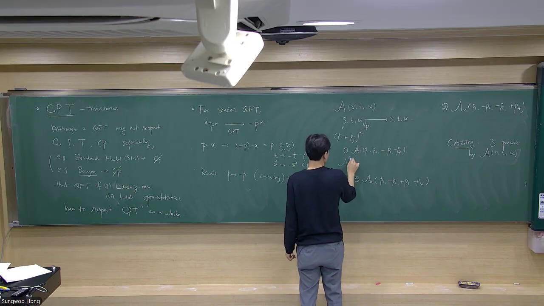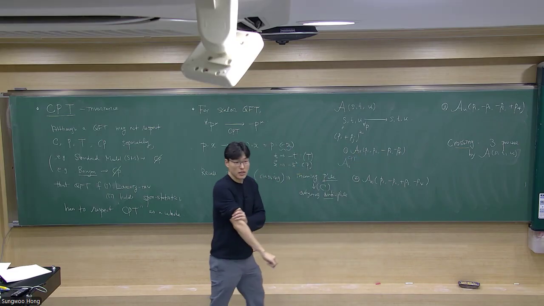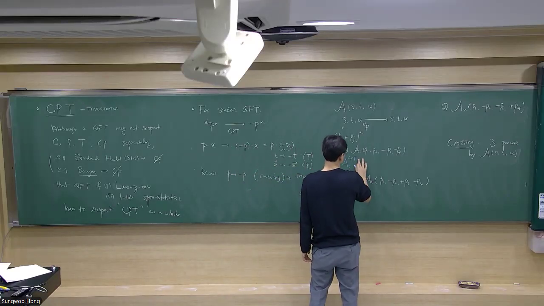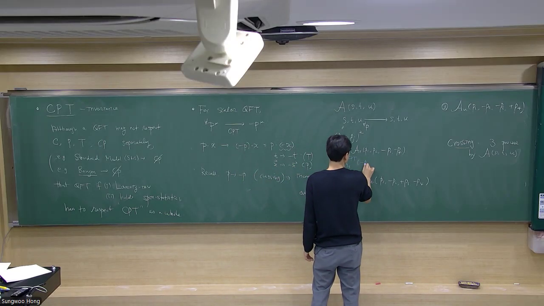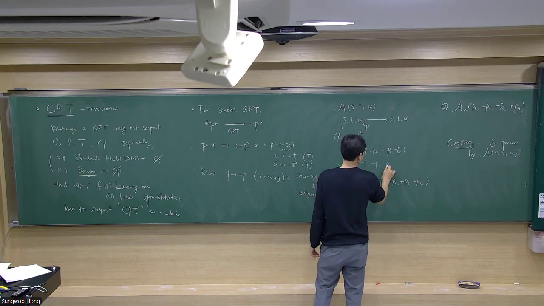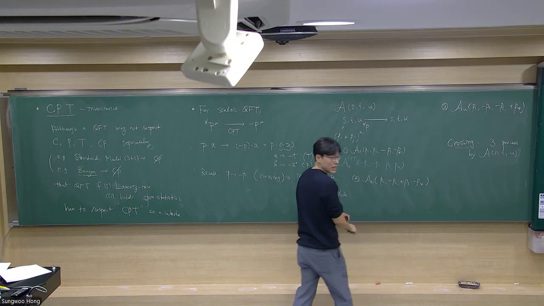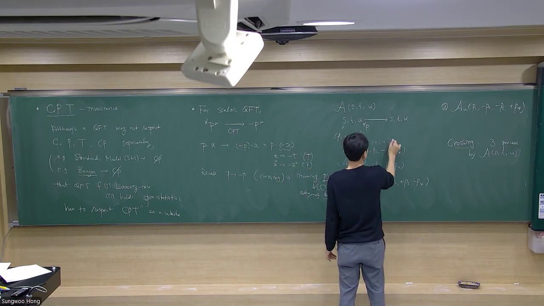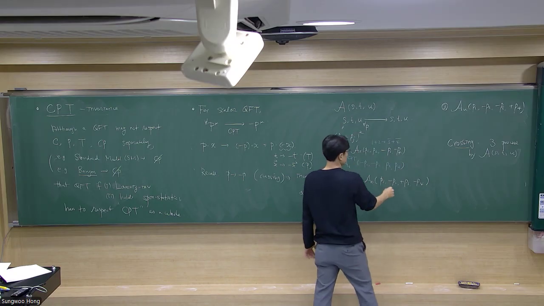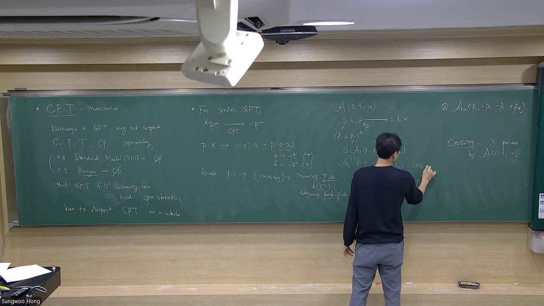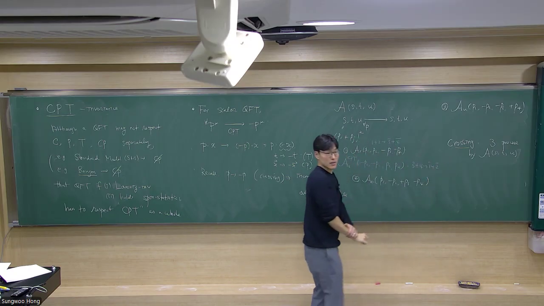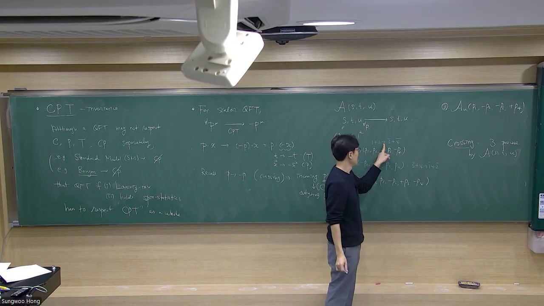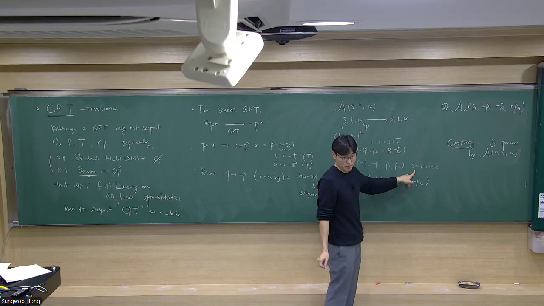So take this, and if I do the CPT transformation, what do you get? Then this is minus P1, minus P2, P3, P4. So if this describes 1 plus 2 going to 3 bar, 4 bar, now this describes what? 3 plus 4 goes to 1 bar, 2 bar. So time reversed correctly. Particle went into antiparticle.